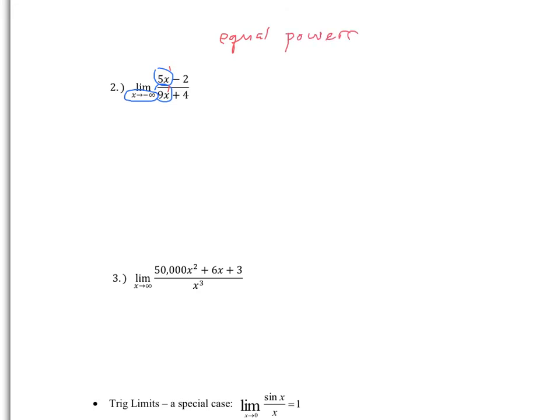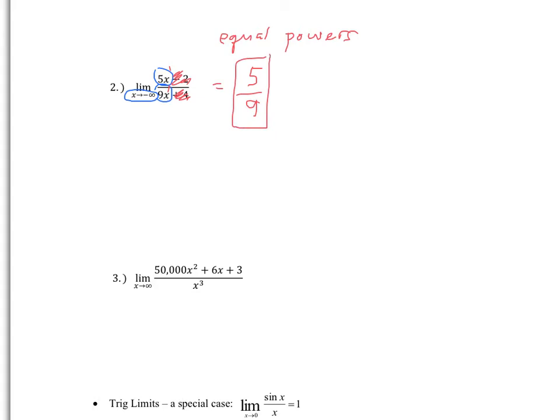So we want to look at the ratio of the coefficients. If I were to plug in something like -1,000 for x, this -2, this +4, it's not going to have much of an effect. All right, but 5 times it versus 9 times it, well, think of it as these x's would divide each other out. You're just going to be left with the ratio of the coefficients. So this function would be approaching a height of 5/9.